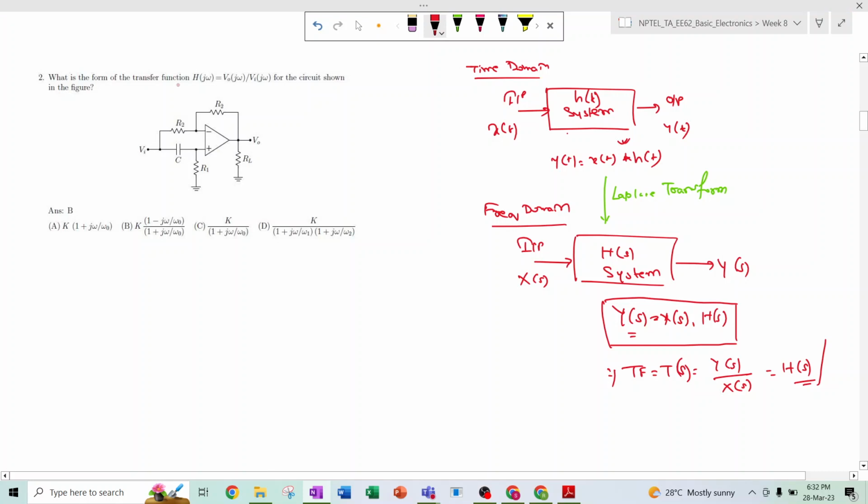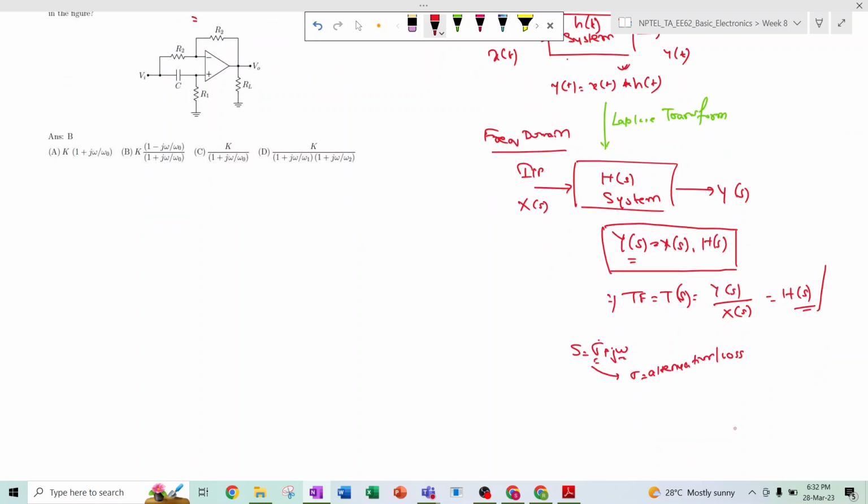Now we are discussing H(jω). What is H(jω)? s is basically σ plus jω, where σ is the real part and jω is the imaginary part. σ refers to attenuation, meaning loss, of the system.